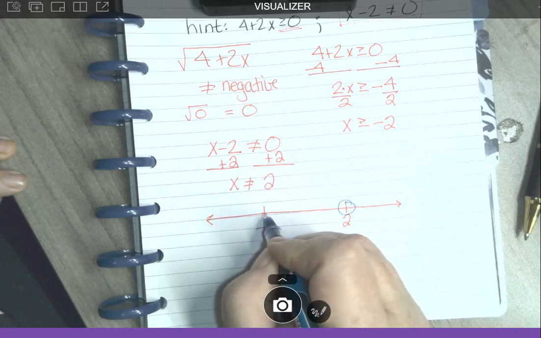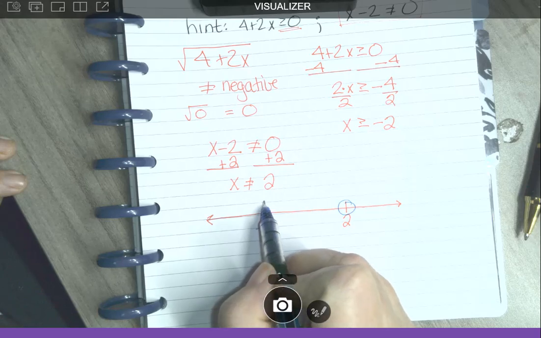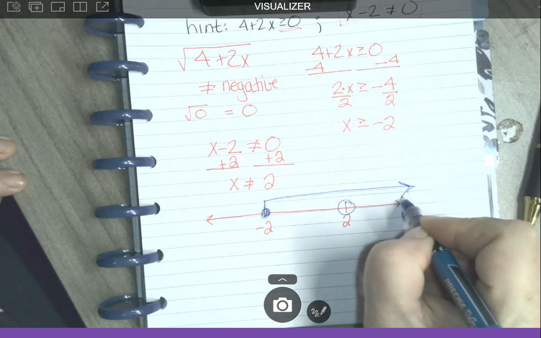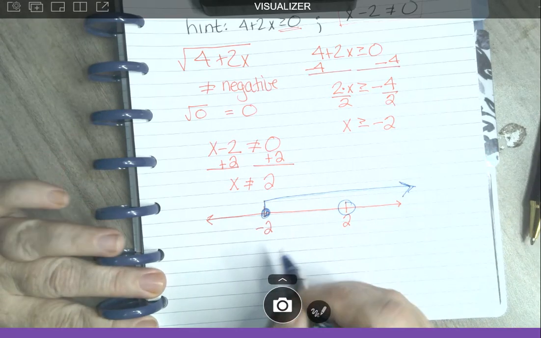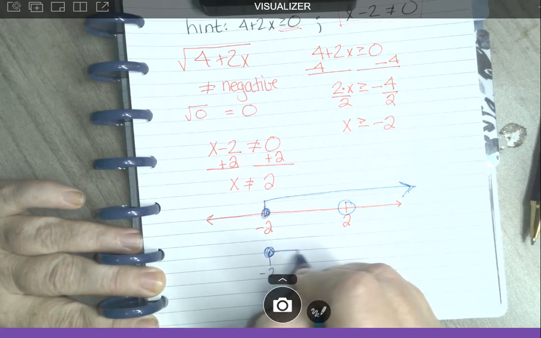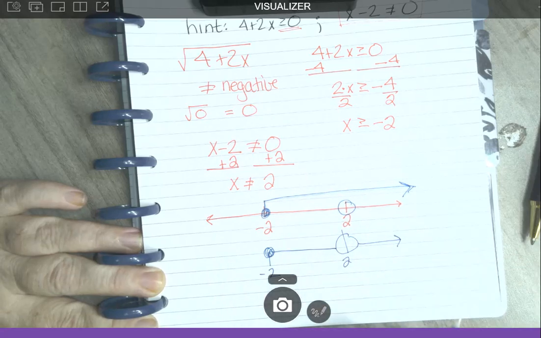That means we can have negative 2. That's okay. But it has to be bigger than. So I'm going to go like this. So when we combine this, we actually are going from negative 2 to 2 to infinity.